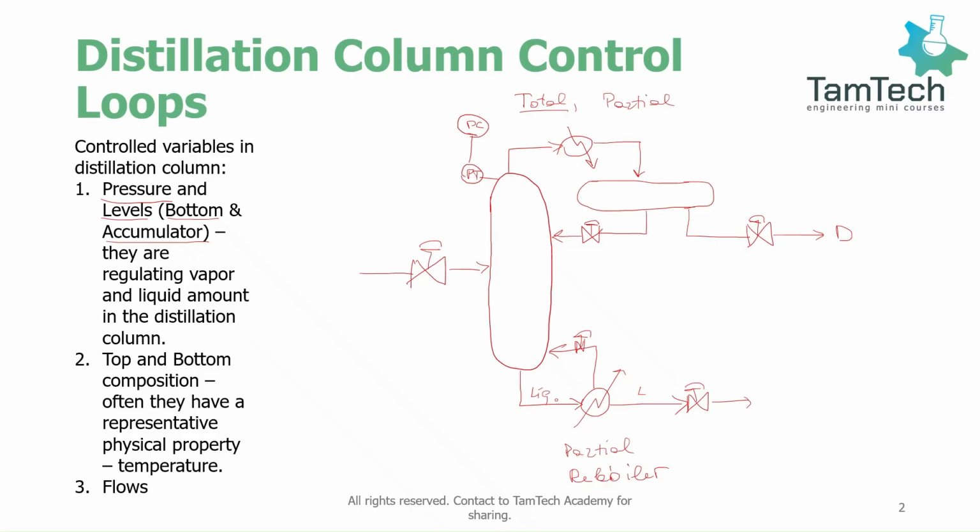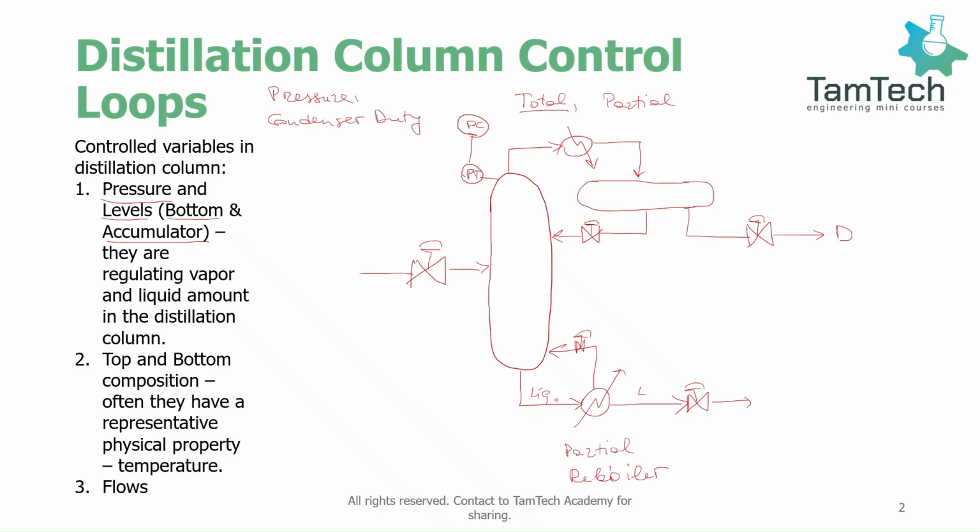And how can we generally control the pressure in the distillation column? If we have a total condenser, the general strategy is to control it with the condenser duty. So for pressure, we will use condenser duty.